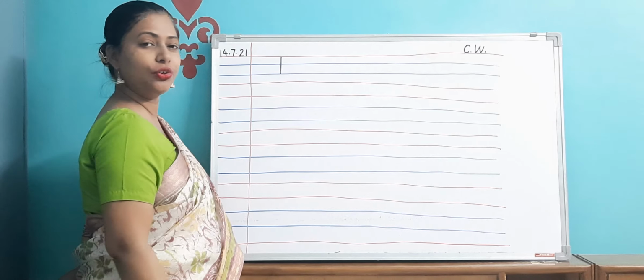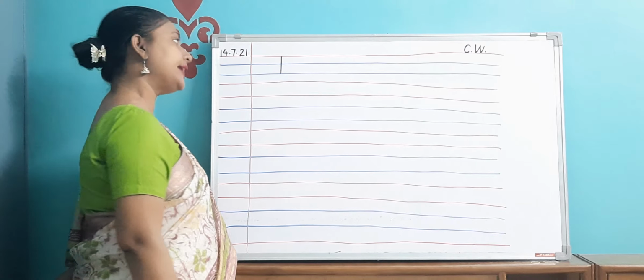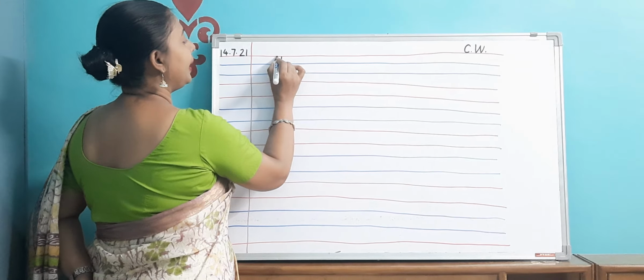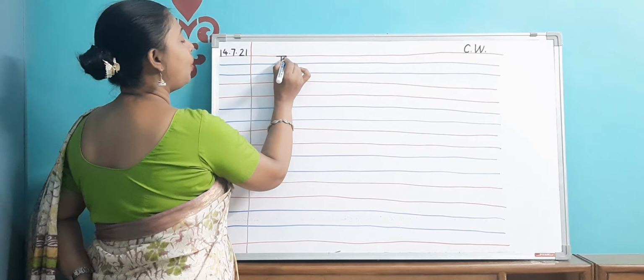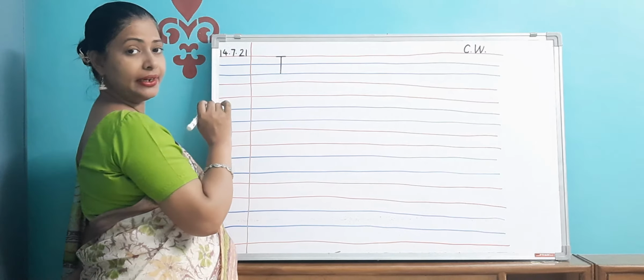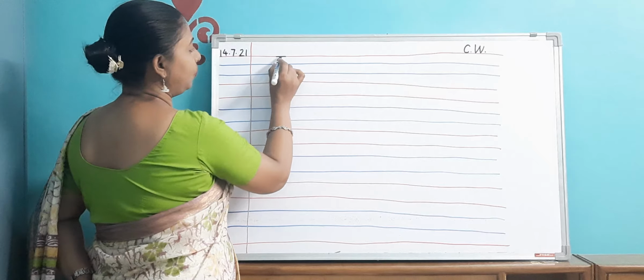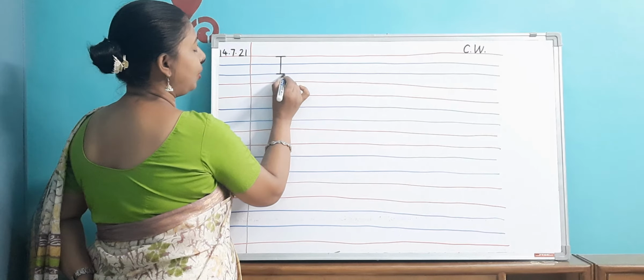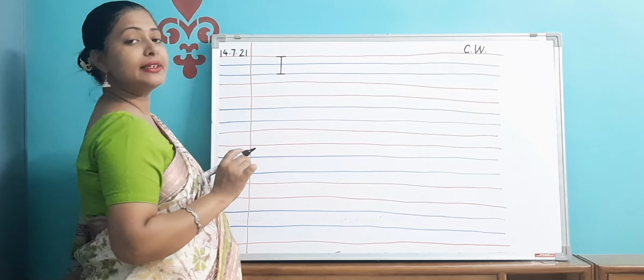Then come back to the first line and draw a small sleeping line, and then come to the third line and here also draw a small sleeping line.